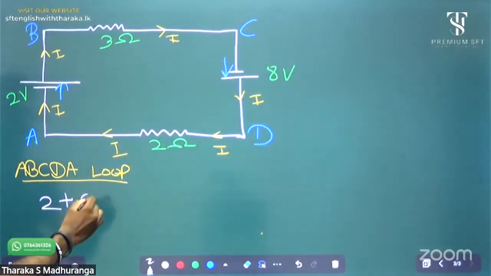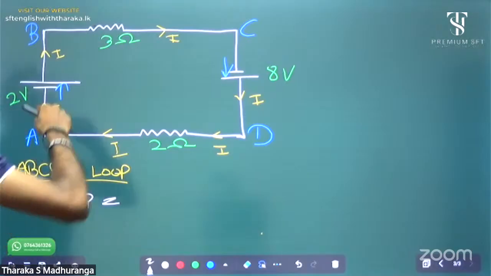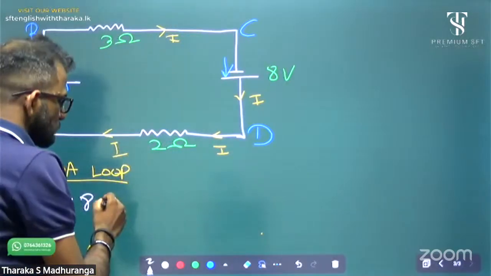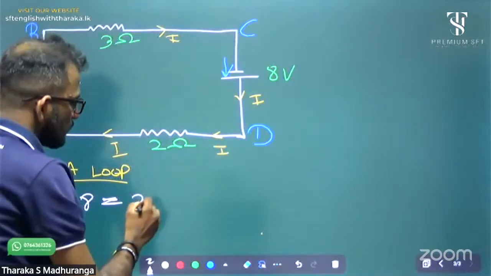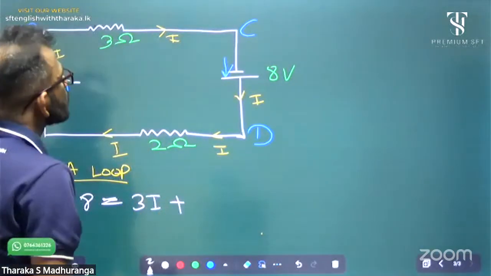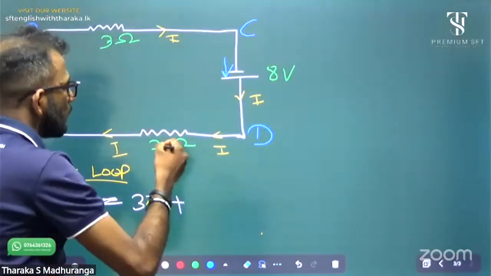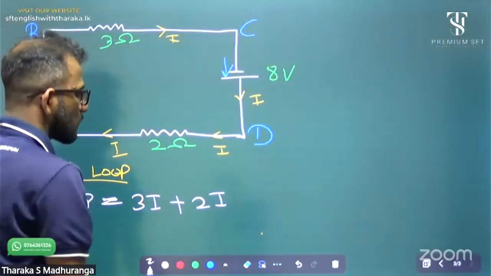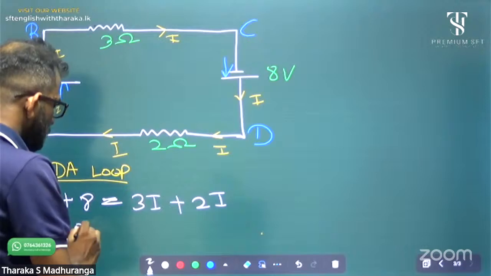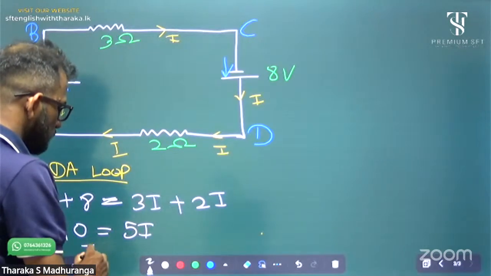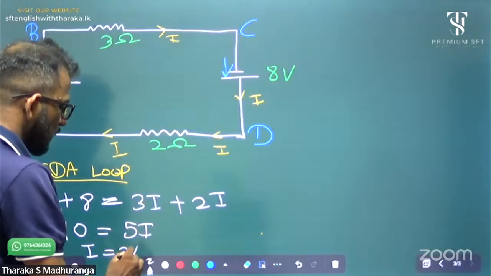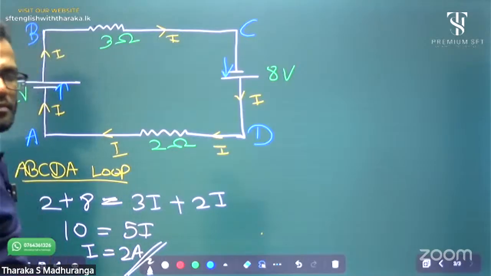So 8 equals 3I, because my direction and current direction are the same, it is positive, plus 2I. 10 equals 5I. I equals 2 ampere. It is very simple.